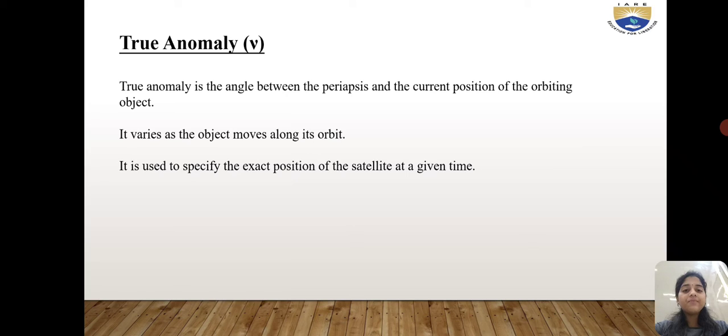True anomaly. True anomaly is the angle between the periapsis and the current position of the orbiting object. It varies as the object moves along its orbit. It is used to specify the exact position of the satellite at a given time.